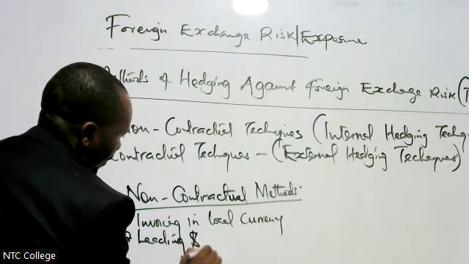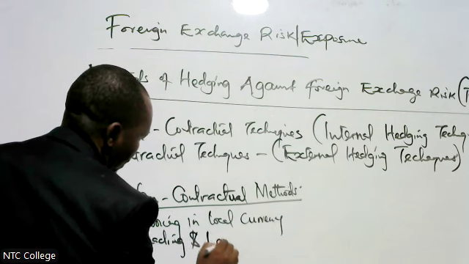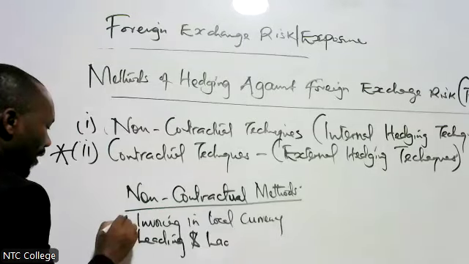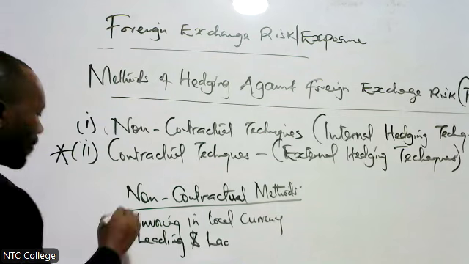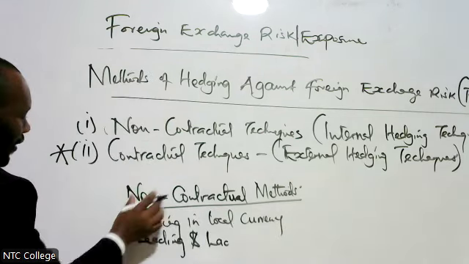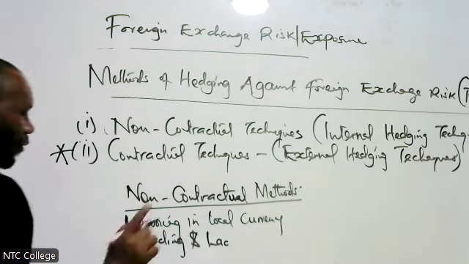Mwalimu, basi ulikuwa wanipoteza. I thought it is an explanation of non-contractual. But nimesema number one, nilikuwa nimeweka hapa one. Nikasema examples that are under this, underline. Then I said number one, so that you can say invoicing in local currency, that is number one.